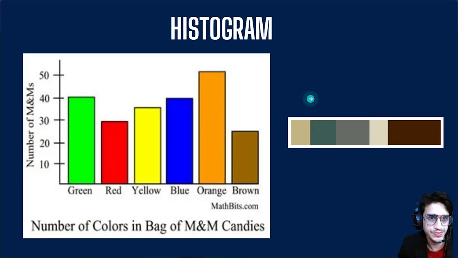Second thing, what is a histogram? In our basic schooling, we have always seen this type of graph. This graph is a histogram. In this, there are multiple blocks like green, red, yellow, blue, orange. Here the sale of orange is more than the green, and brown is the least. We can all understand this type of graph.